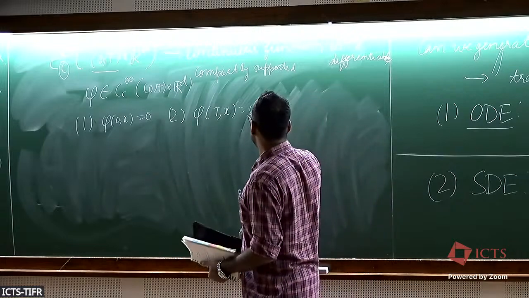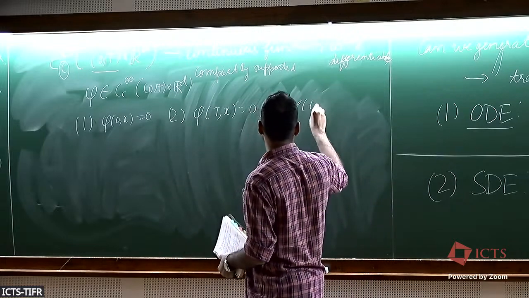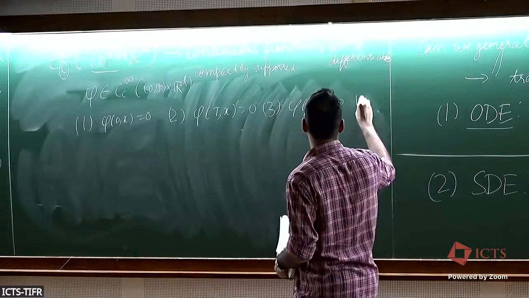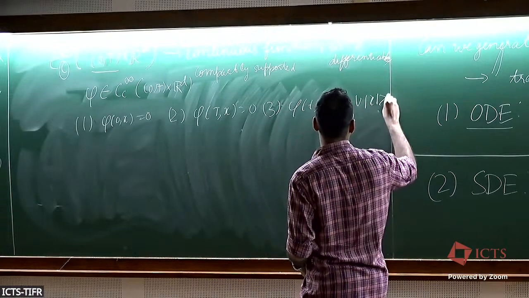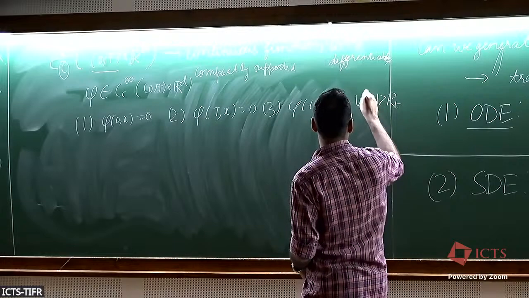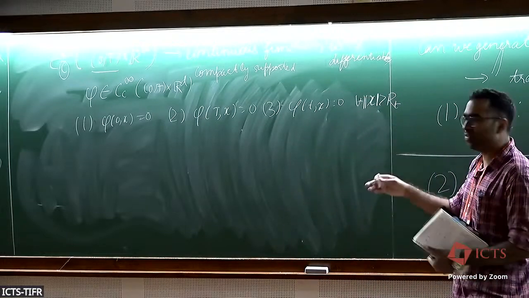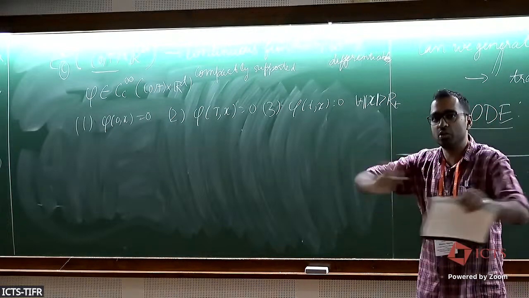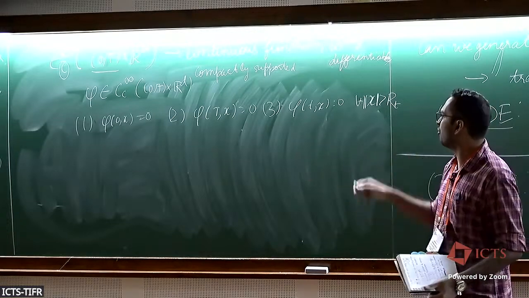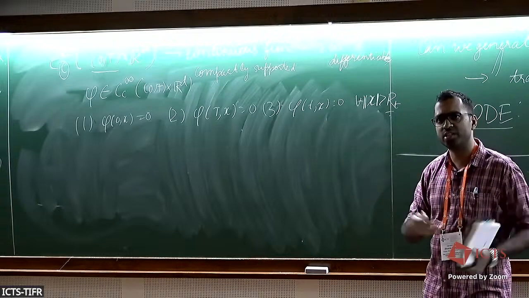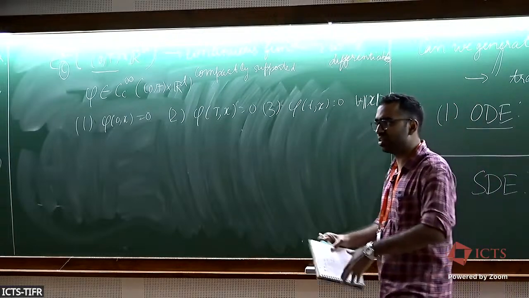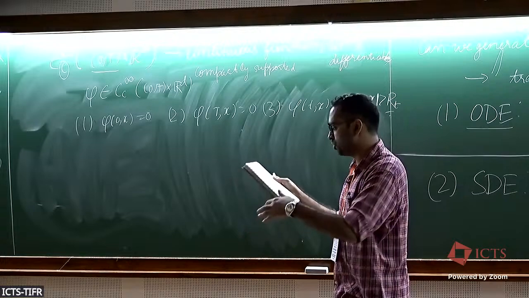And the third is phi of (t, x) is equal to 0 for all x greater than some R_t. So if you go off to infinity after a point, it's 0. It doesn't have any information. But what this R_t is depends on the function. It's arbitrary, and you can construct an arbitrarily large compact support for these functions.